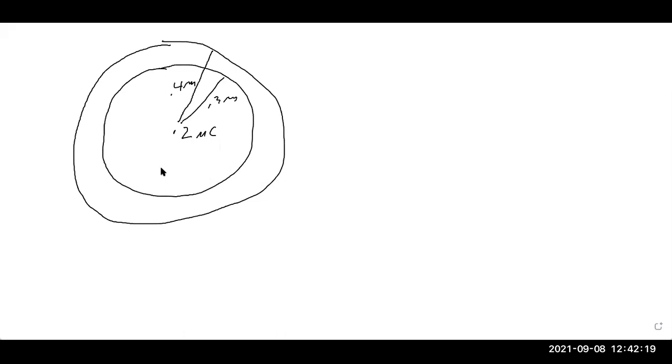So to start off with this one, let's do Gauss's law by making a Gaussian sphere that is, say, 0.35 meters in radius, concentric with this sphere. The magnitude of the electric field needs to be 0 because it's inside of the conductor.